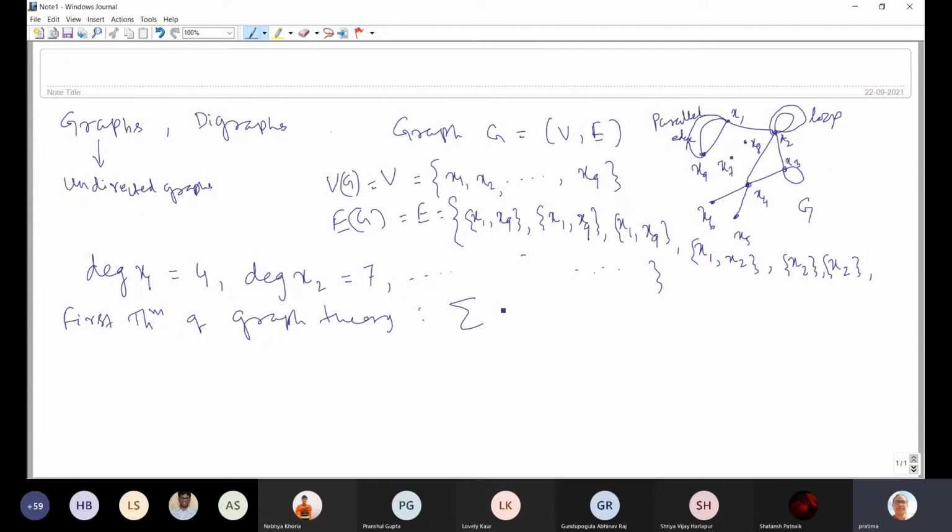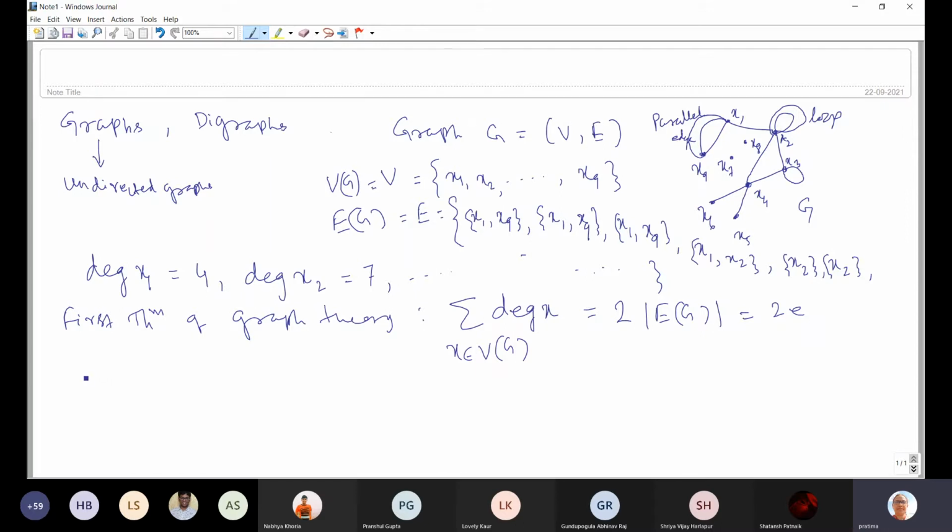It says that the sum of the degrees of all the vertices x belonging to the vertex set of the graph is equal to twice the total number of edges in the graph. Sometimes we denote the total number of edges by E. So the sum of degrees of all the vertices is equal to twice the total number of edges.